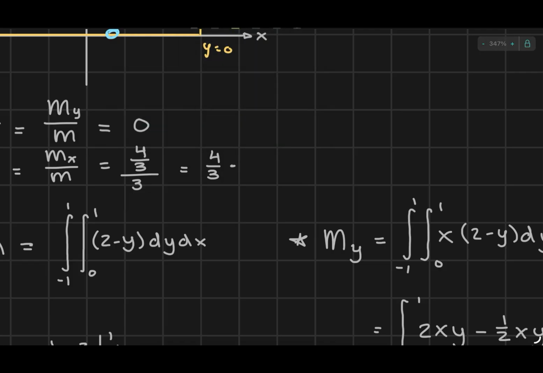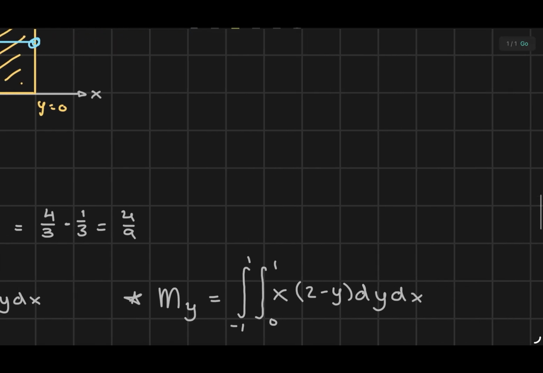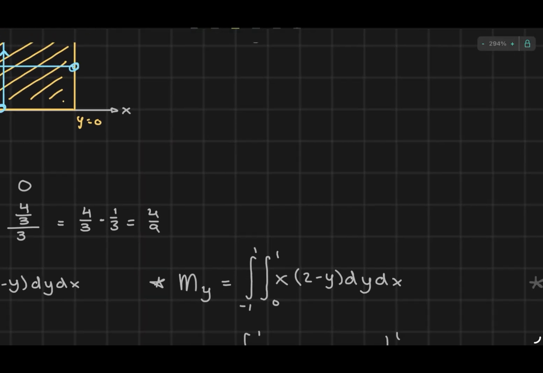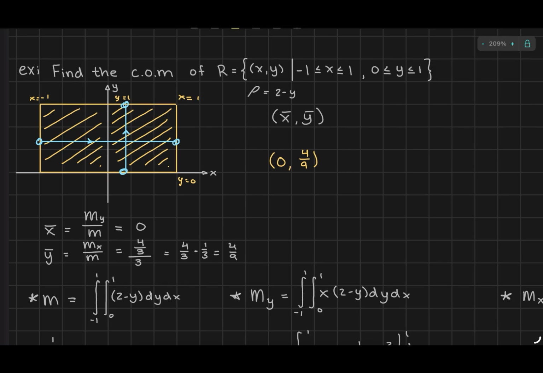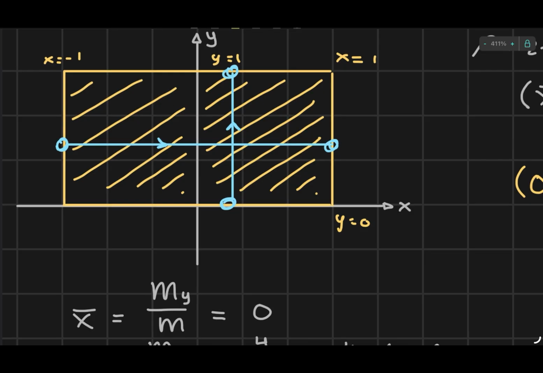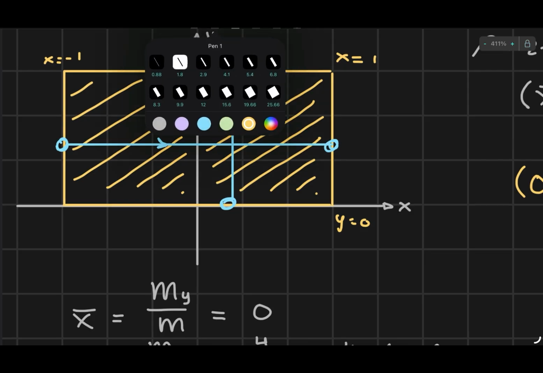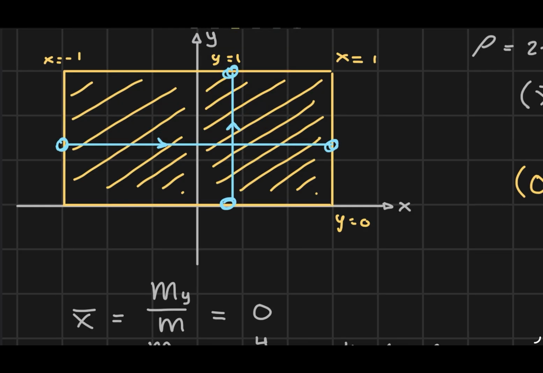Oops. 4/9. Our center of mass is going to be (0, 4/9). Which is, let's see, where would that be? It's a little bit less than half of this, so I guess it would be around here, I would say.